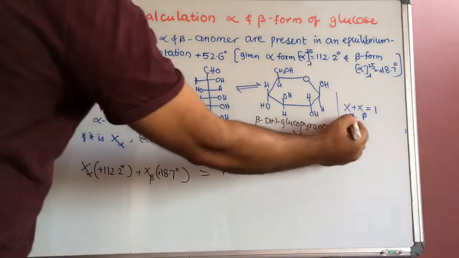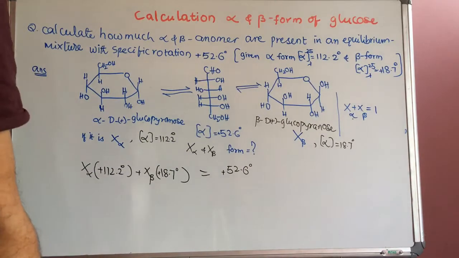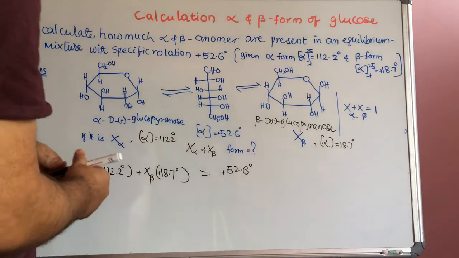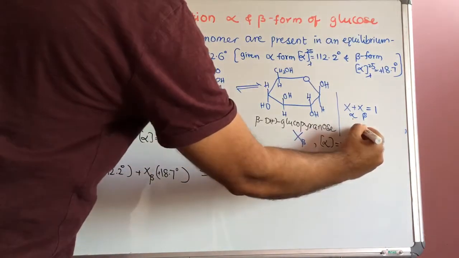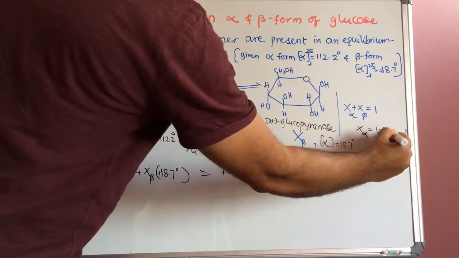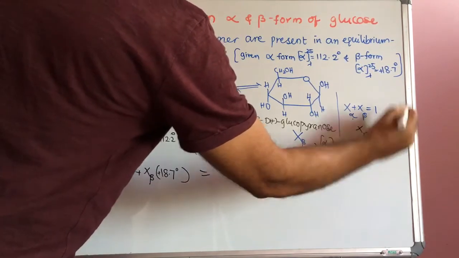But we know that mole fraction of alpha plus mole fraction of beta is equal to 1. In the solution chapter we know that the mole fraction of all components is equal to 1. Then I can write mole fraction of beta is equal to 1 minus mole fraction of alpha.